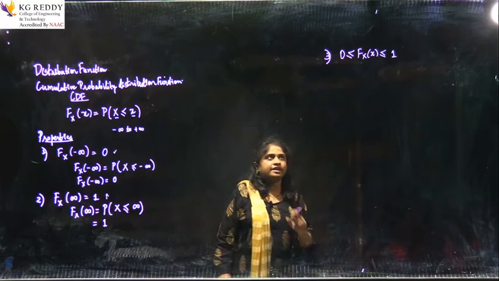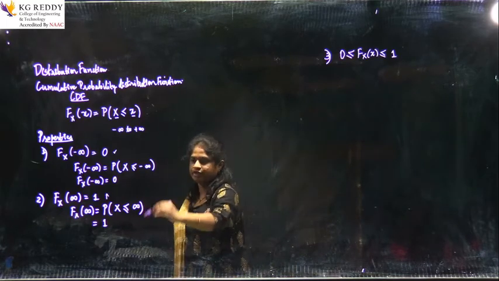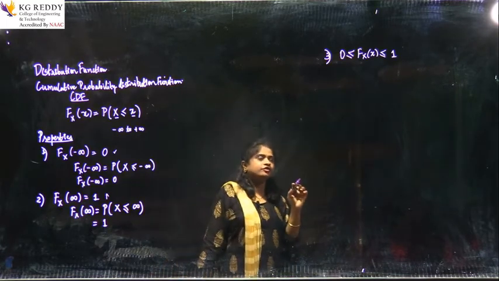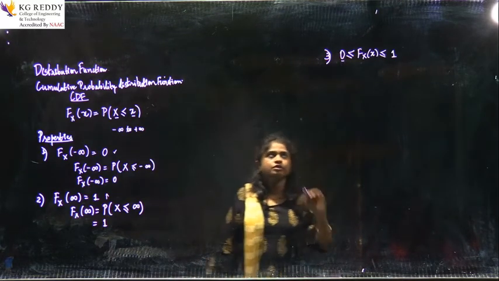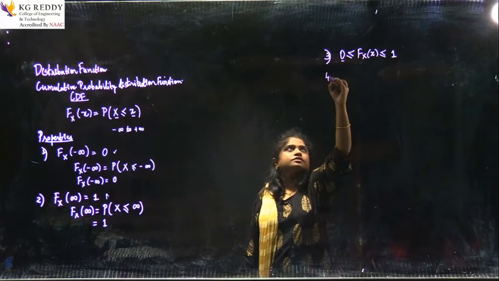From these two, we can say that the complete range of the cumulative distribution function is from 0 to 1.